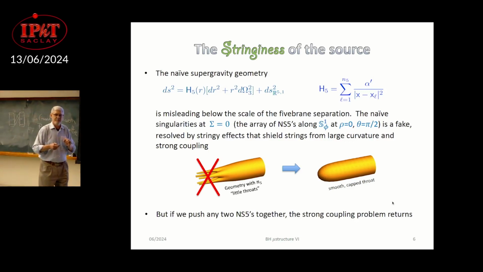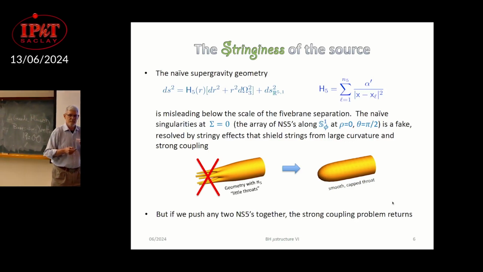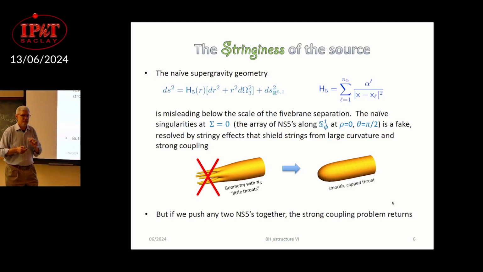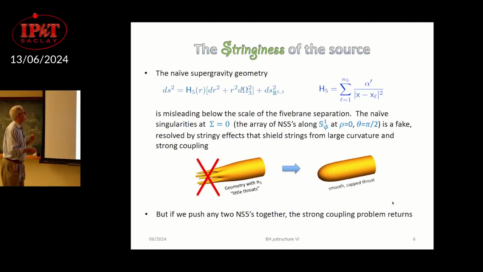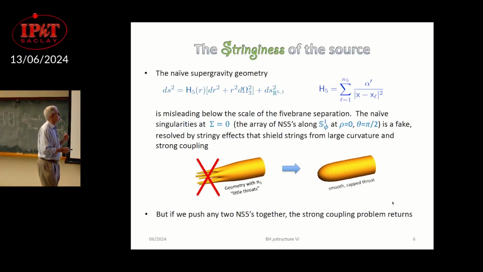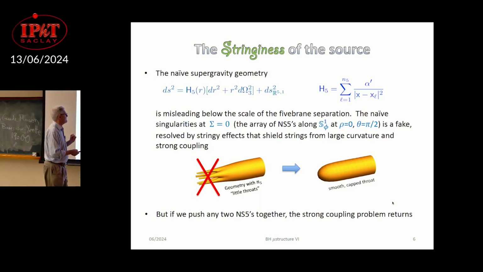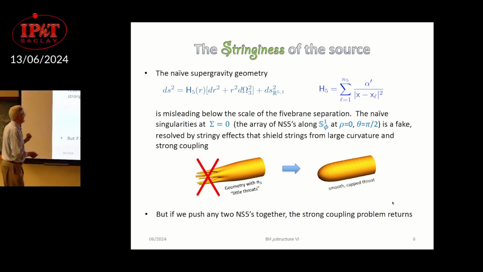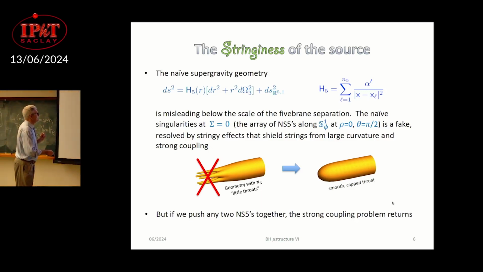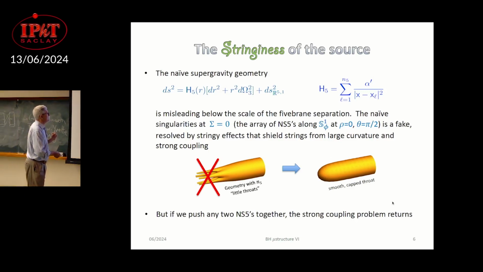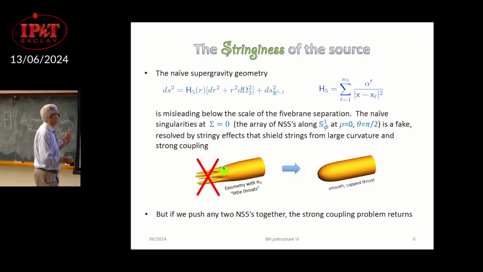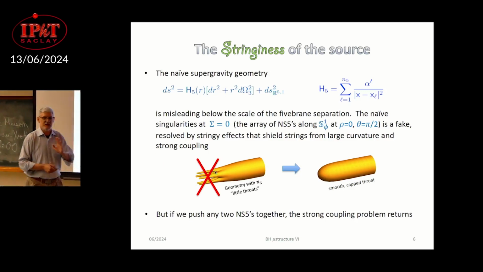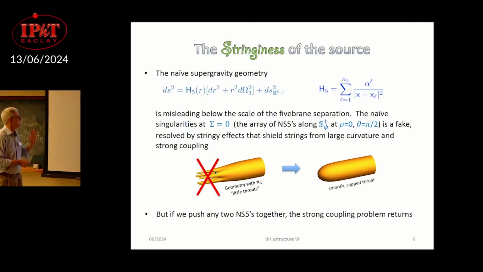Sorry, should I think of this as two different limits instead of one is wrong, one is correct? Because here, to get the picture on the right, you actually need to take a double scaling limit? So these are two pictures of the same thing. This is the geometry if you ignored stringy effects and just said supergravity always works, okay?